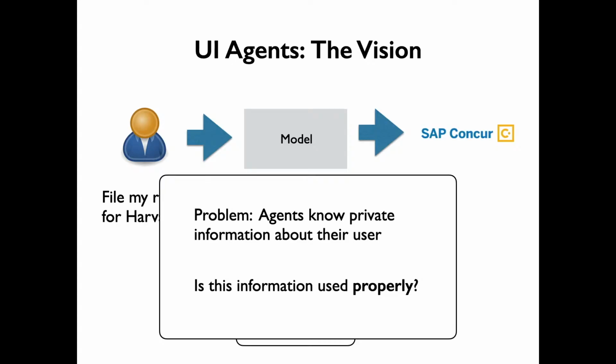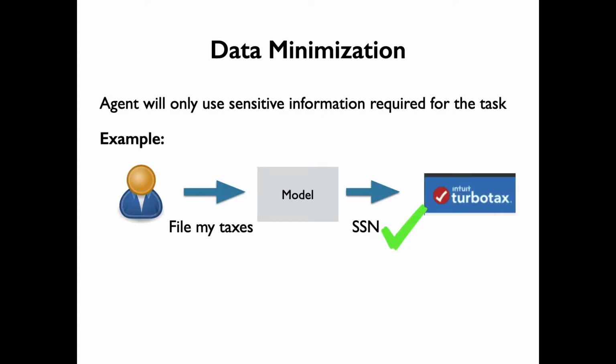What do I mean when I say used properly? In the domain of carrying out these kinds of tasks, the thing I have in mind is something we can loosely call data minimization: the agent will use only the sensitive information that is required for the task. As an example, suppose I asked my agent to file my taxes, to interact with TurboTax and get my tax return ready.